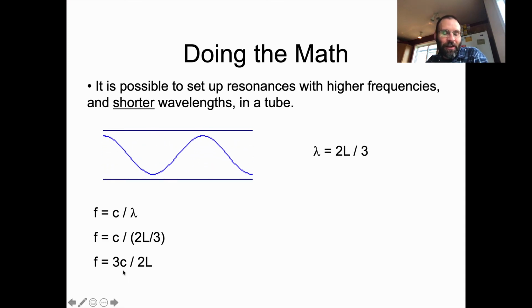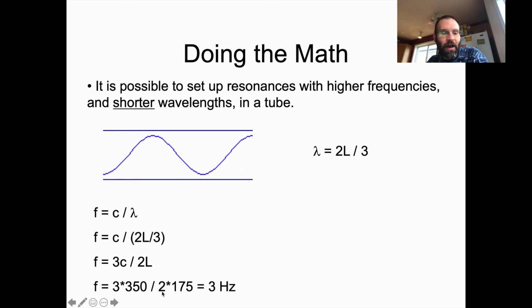And otherwise, we just have to substitute the correct values here for C and L, 350 and then 175 for L. So that's 3 times 350 divided by 2 times 175. We'll simplify this a little bit. 2 times 175 is 350. Normally I write this on the board so you can take it at the right speed, but this 350 will cancel out that 350. And basically it'll tell you that F is 3 hertz.